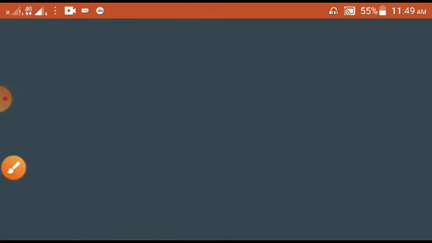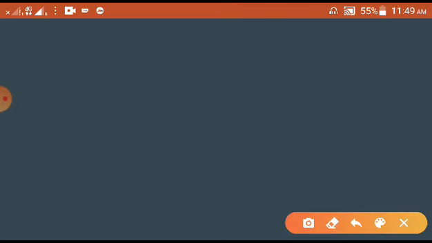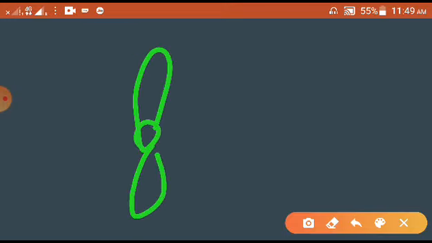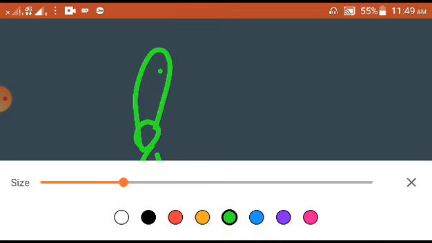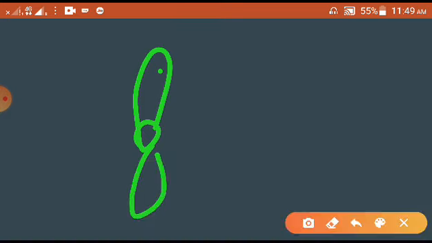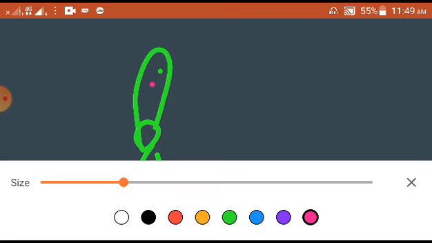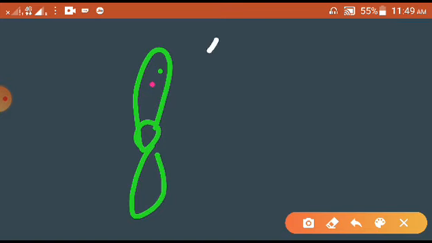Suppose that a gene is present here and another gene is present here. Now if these genes have to get separated, how should the crossing over happen? It should happen in between them.